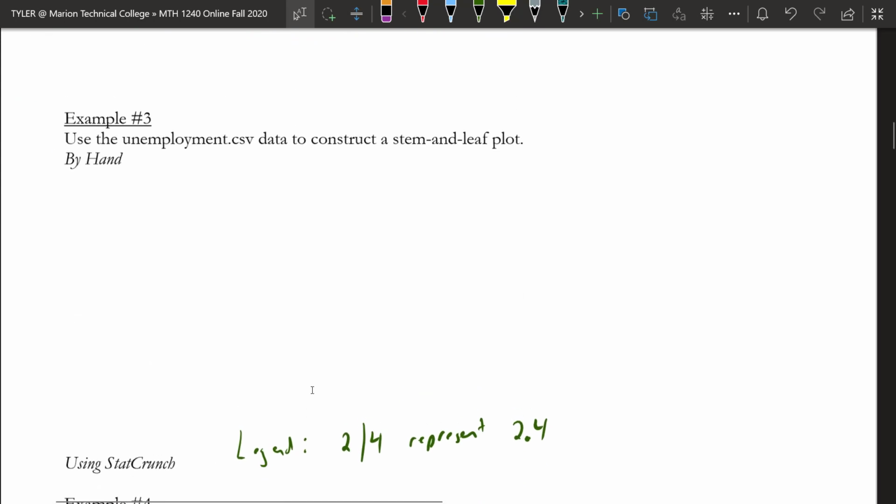My possible stems are 2 through 8, and I know that because when I sorted this, the minimum rate is 2.4 and the maximum is 8.4. We actually found those values in the last section with this data set when we were calculating the class width.